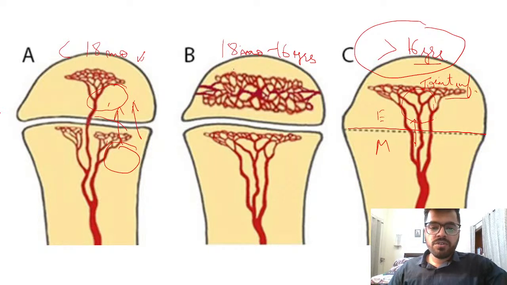But same is not true in children from 18 months to 16 years of age, because here the physis acts as a barrier for the infection to cross. So the metaphyseal infection stays in the metaphysis and it does not lead to septic arthritis.